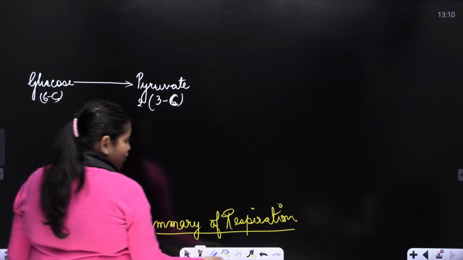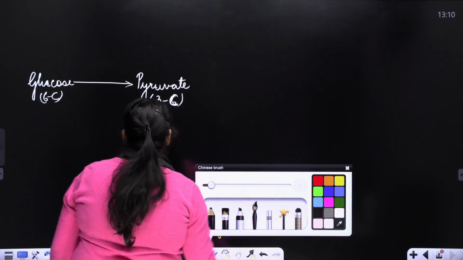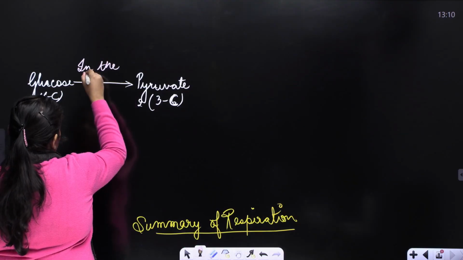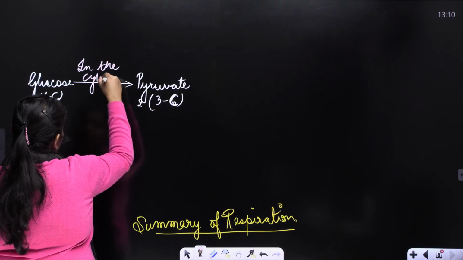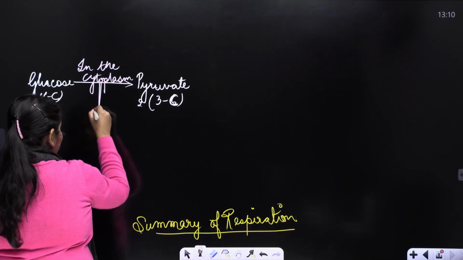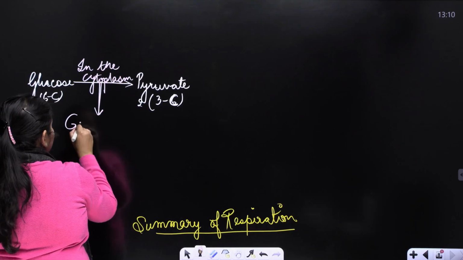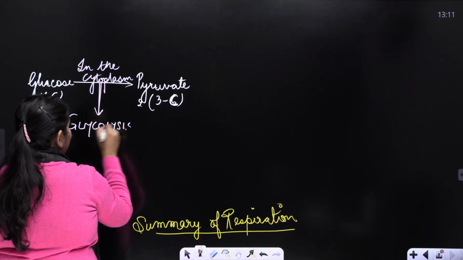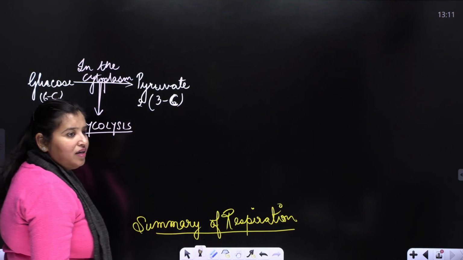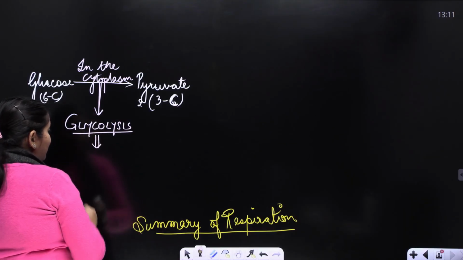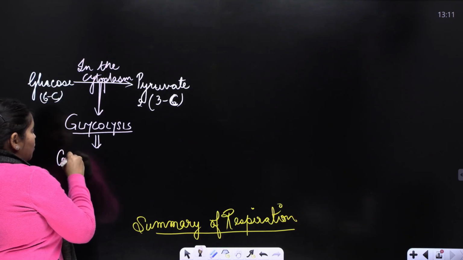Where is this reaction taking place? This conversion happens in the cytoplasm of the cell. And this step is known as glycolysis.